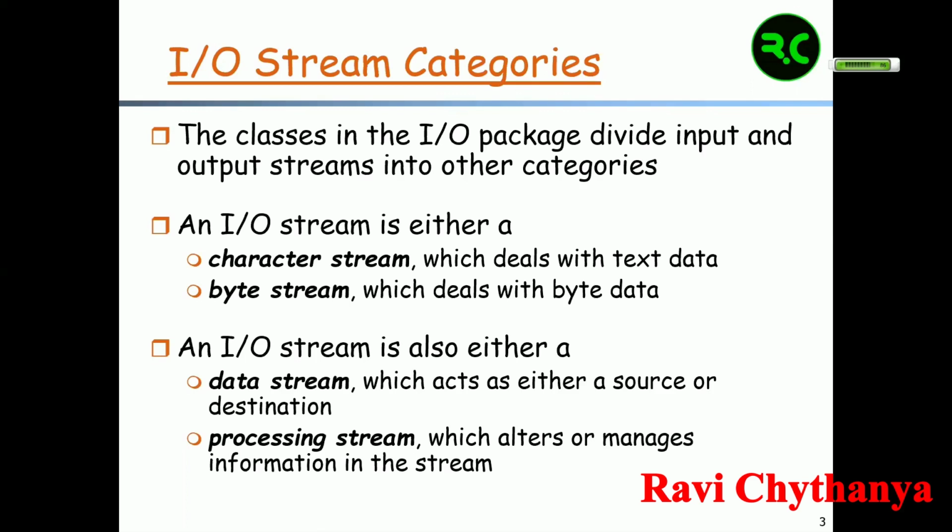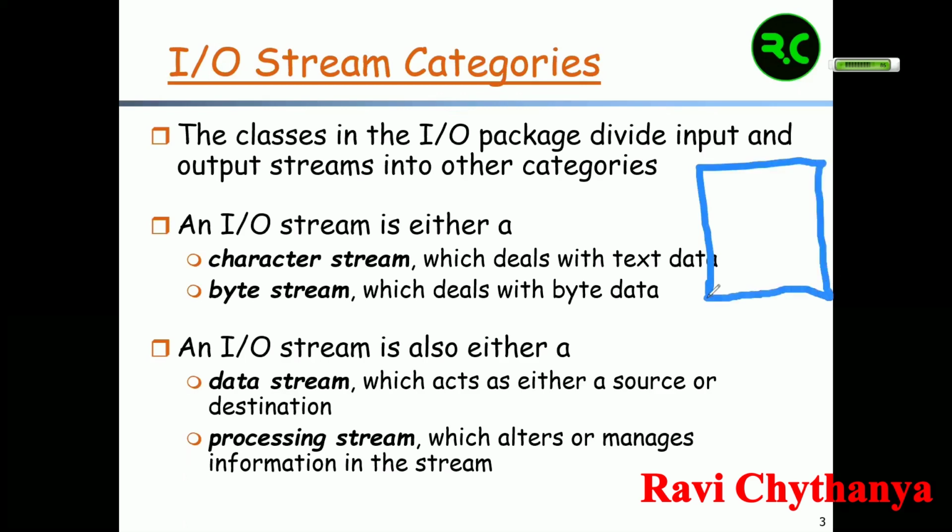But the processing stream contains the information and alters it according to our requirement. If I have a text file here, in which I have different lines of text over there.